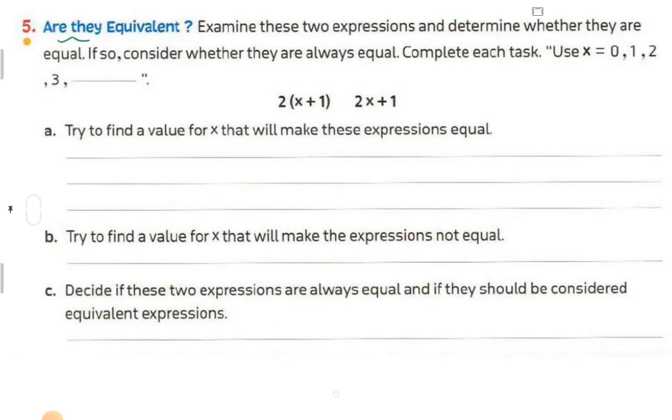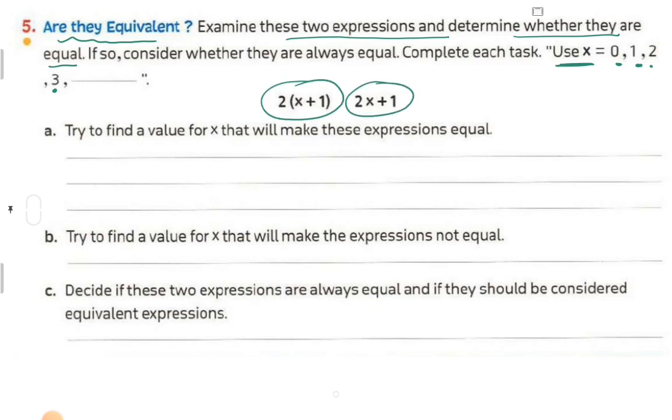Are they equivalent? Examine these two expressions and determine if they are equal or not. Use x equal 0, 1 and 2. Now we have two expressions. This is the simplest form, but here I can multiply: 2 times x, and plus 2 times 1. 2 times x means 2x, plus 2 times 1.